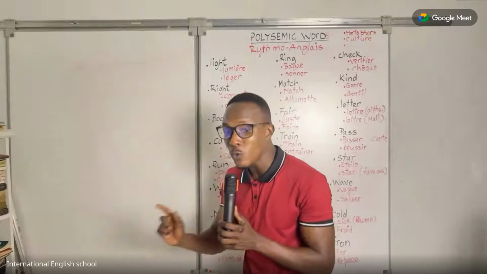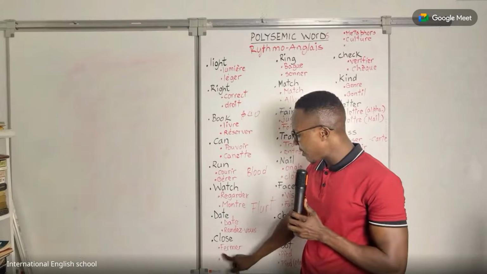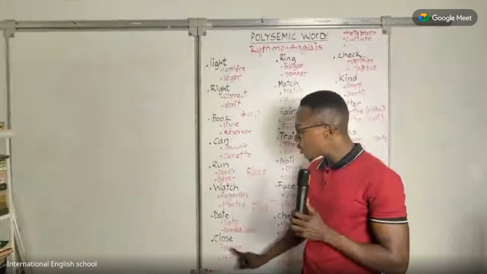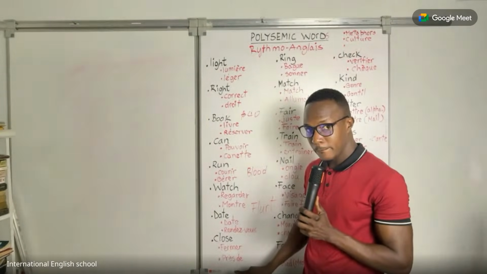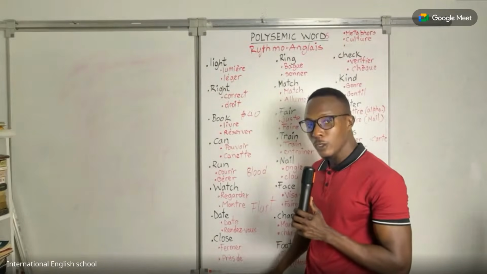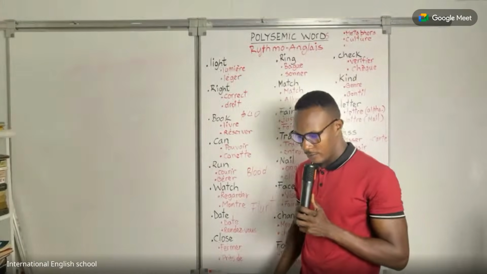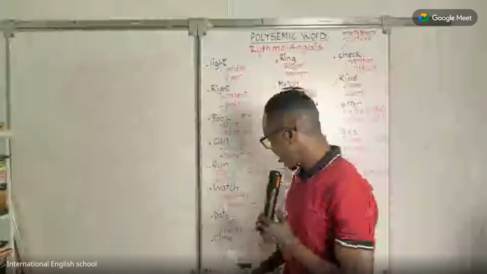Je dis close. Mais lorsque cela veut dire près de, when it means près de, la prononciation est changée. Et donc voilà, on dit close. Close to you. I want to be close to you.